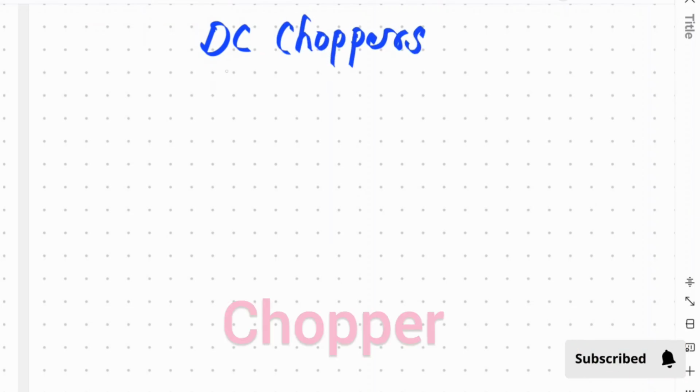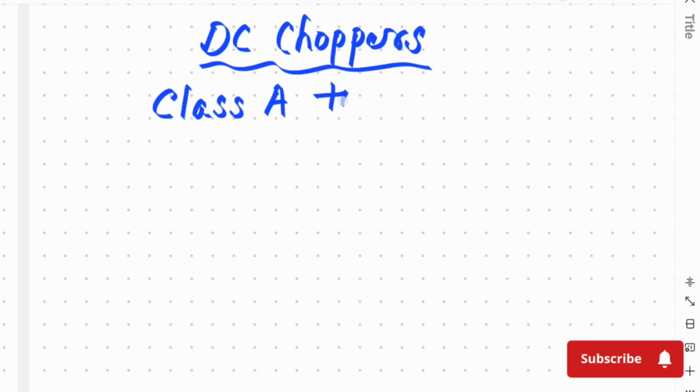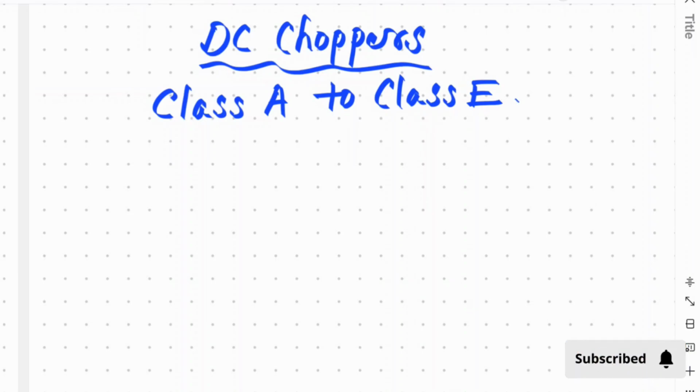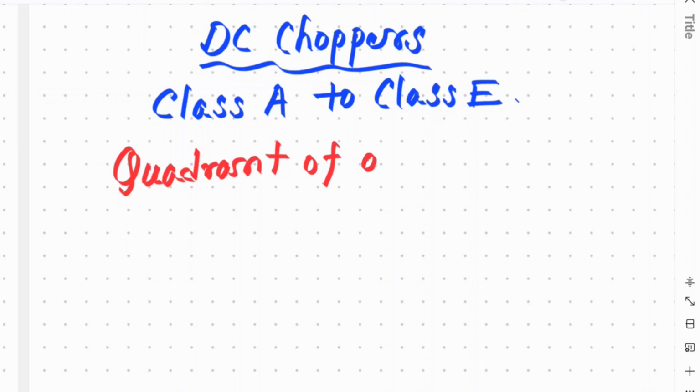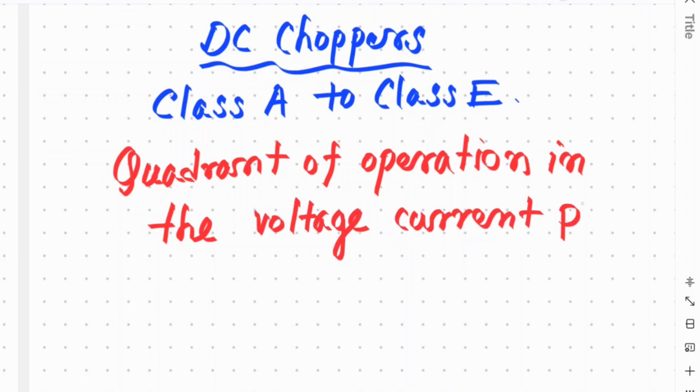In today's video, we are going to explore the different classes of DC choppers, from class A to class E. These classifications are based on the quadrant of operation in the voltage-current plane.